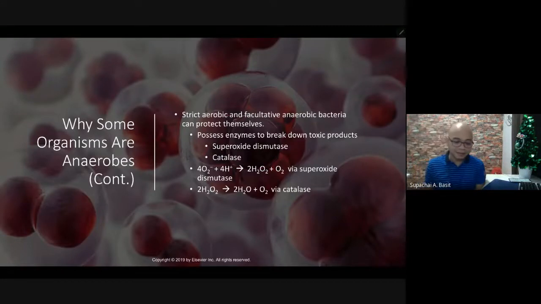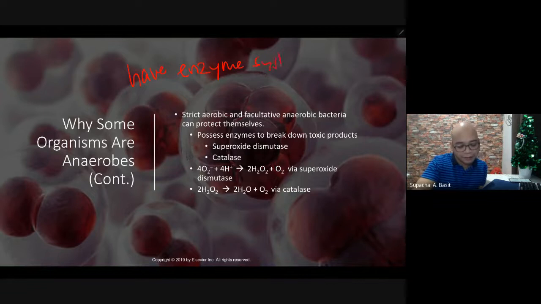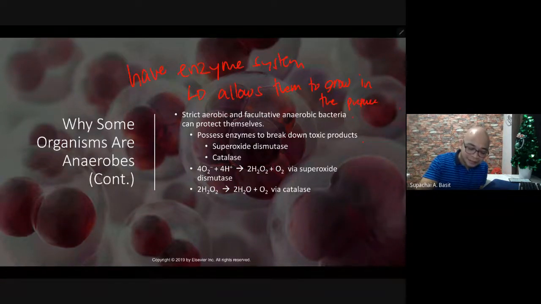So, for those bacteria that are considered aerobic or facultative anaerobic, these bacteria have an enzyme system. This enzyme system allows them to grow in the presence of oxygen.